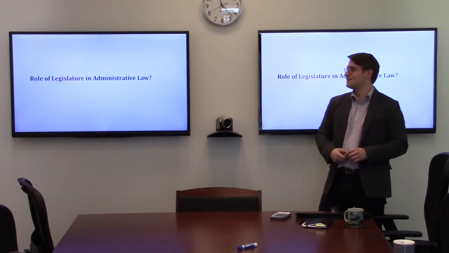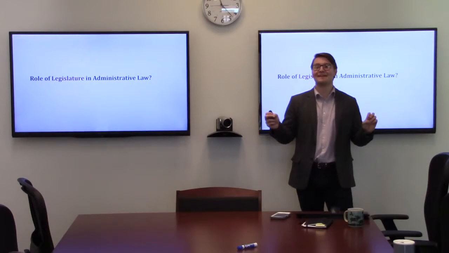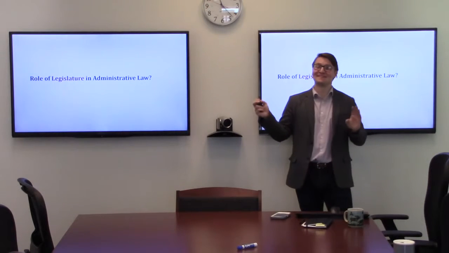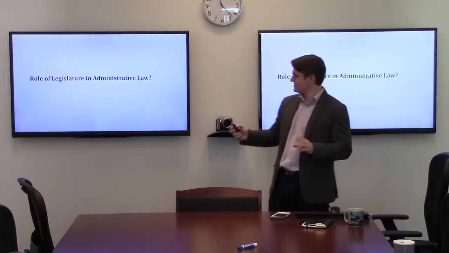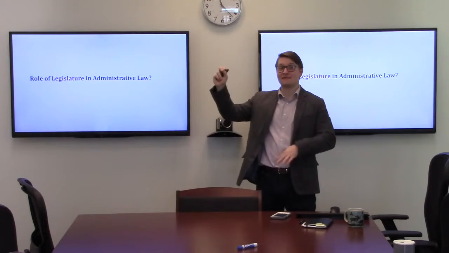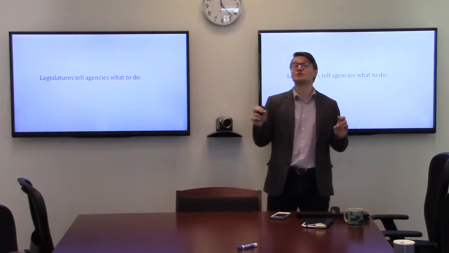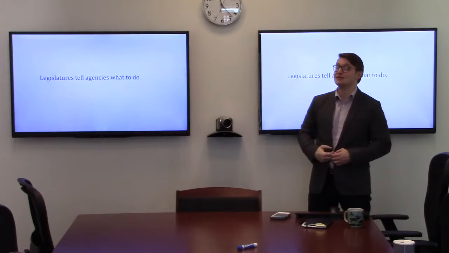So do you all know the role of the legislature in administrative law? Sorry if you don't. That's why we're here today. So the role of the legislature in administrative law, and this is true at the federal level and for all the 50 states, is the legislature is in charge. Legislatures tell agencies what to do, right?